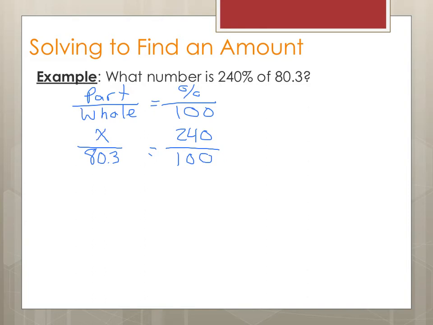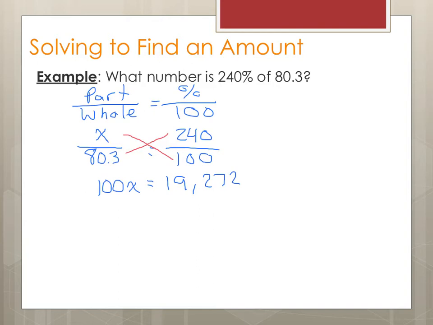Now, we'll solve by cross multiplying. X times 100 will give me 100x. And that'll be equal to the product of 80.3 times 240. 80.3 times 240 is 19,272.